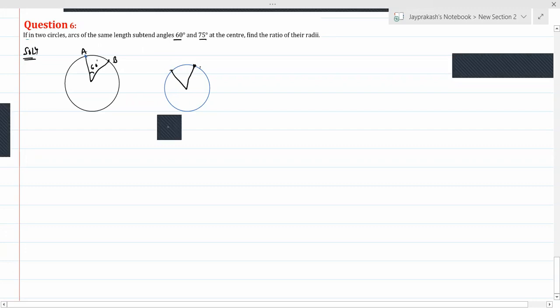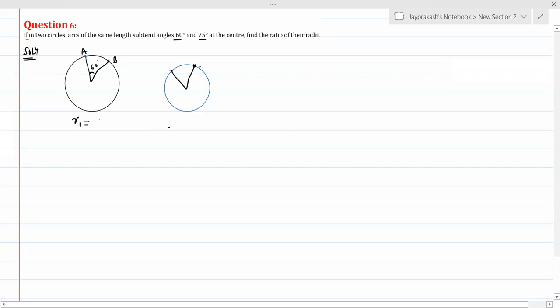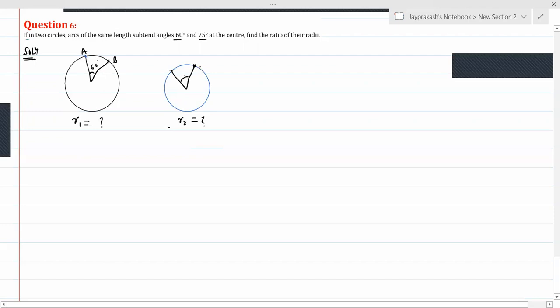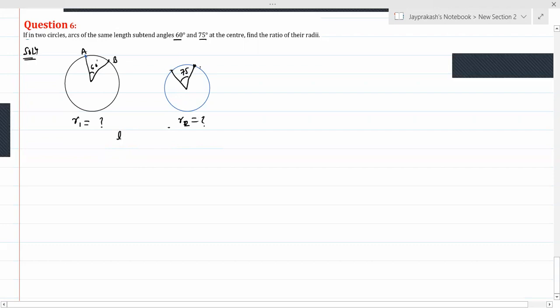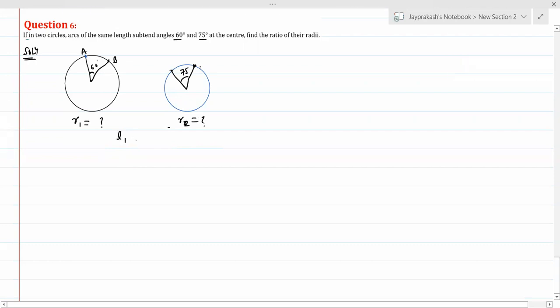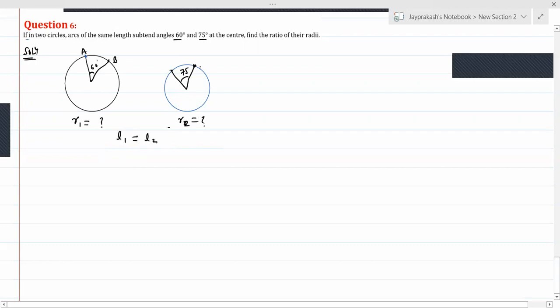And now this one has the radius missing, and R2 is also missing. For this theta is 75 degree, but it is also given that the length of both the arcs are equal, meaning L1 is equal to L2.